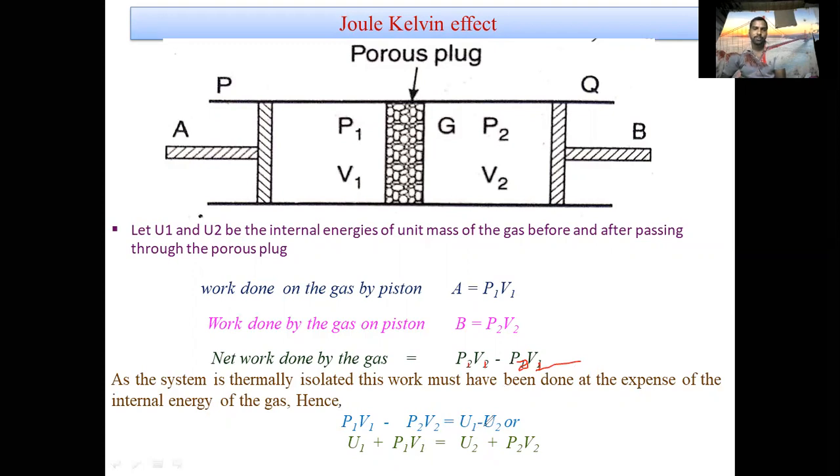Now this minus is brought to this side and U2 is brought to this side. Now U1 plus P1 V1 is equal to U2 plus P2 V2.